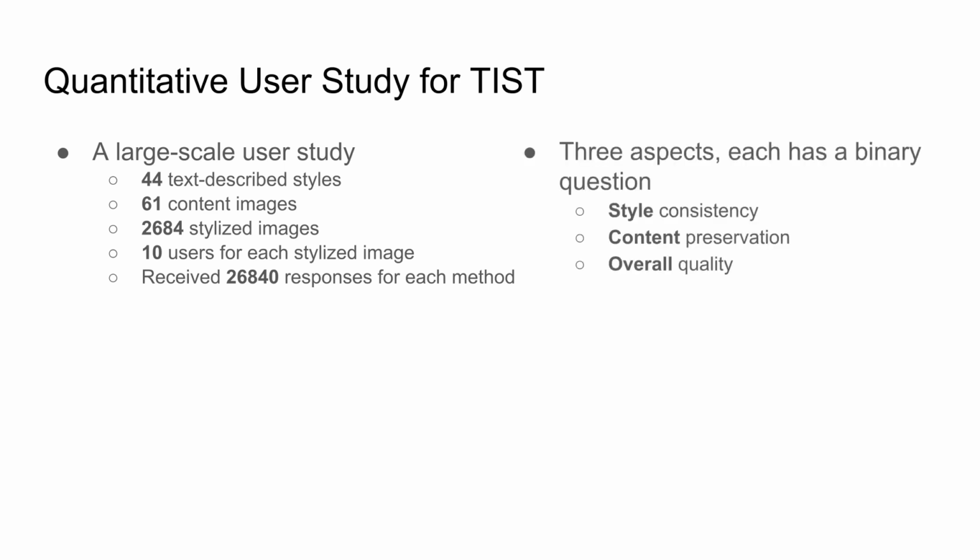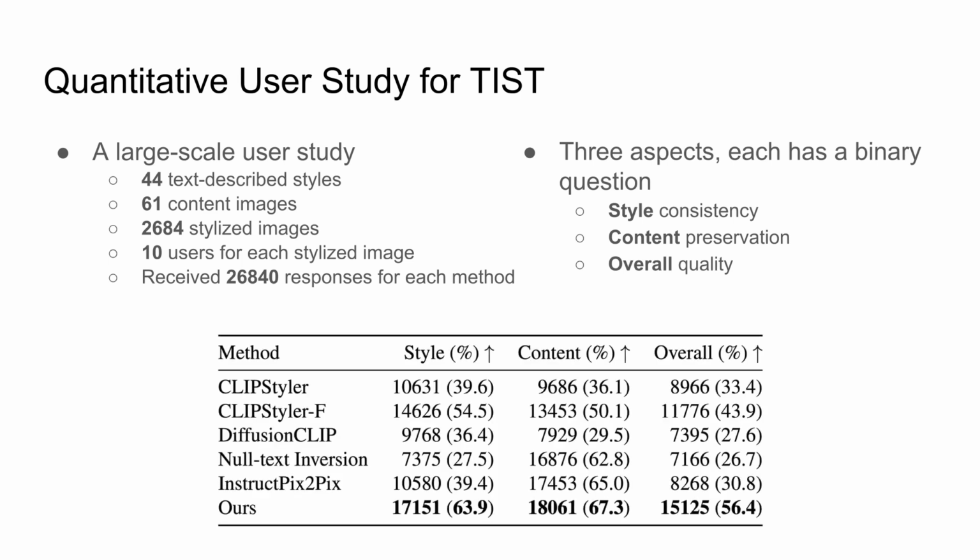The users were asked to answer 3 binary questions, good or bad, focusing on 3 aspects of the stylized images. These aspects are the style consistency with the style text description, the content preservation based on the input content image, and the overall visual quality. The bottom table shows our quantitative user study results, including the number of positive responses and its percentage.